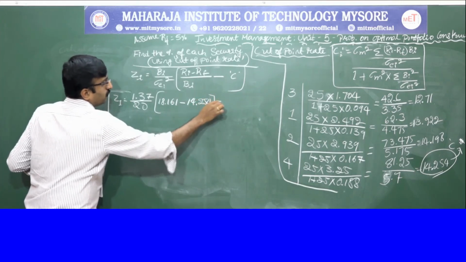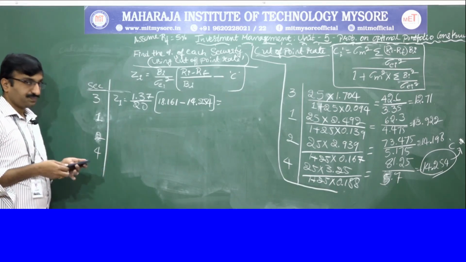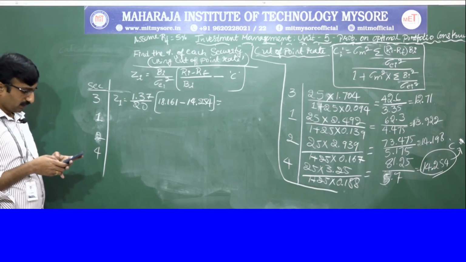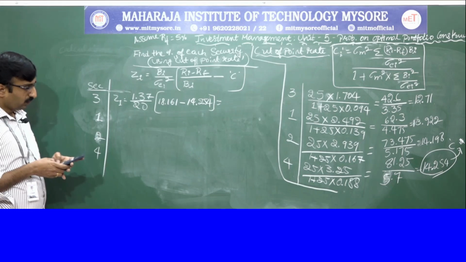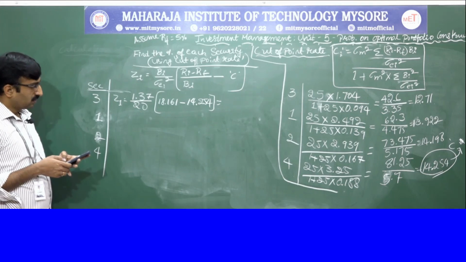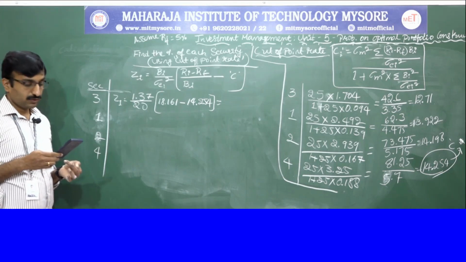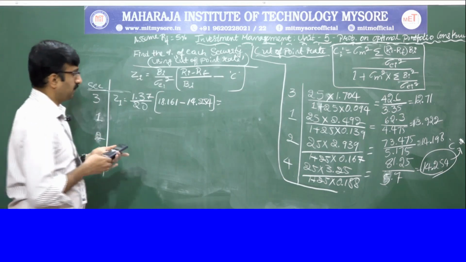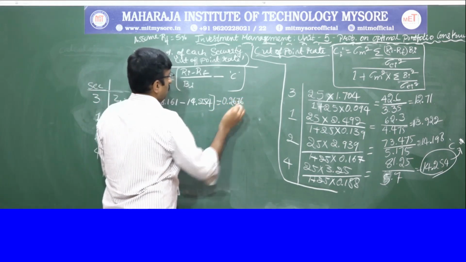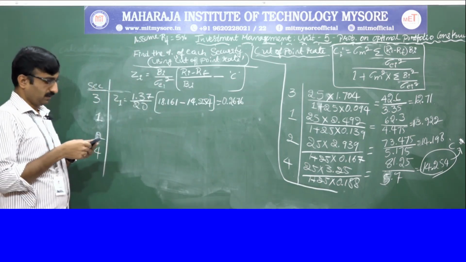If you do, how much you will get? Take the calculator and find out. You will get 0.2676. Okay, same thing you do for the subsequent.